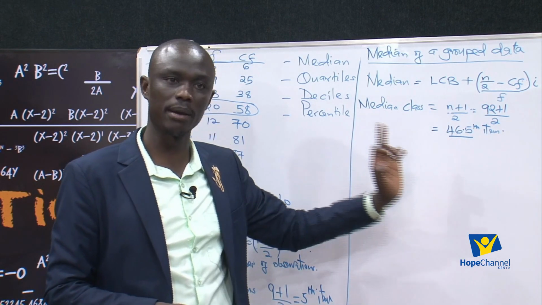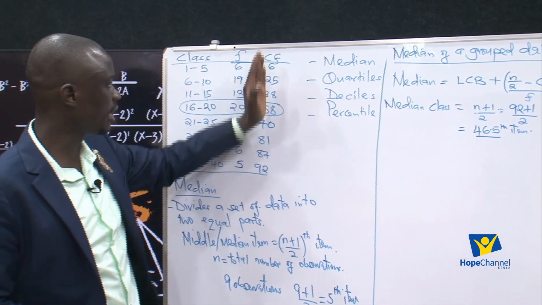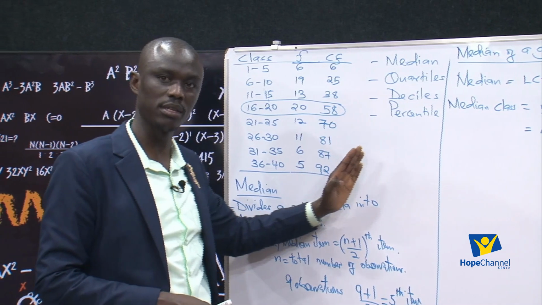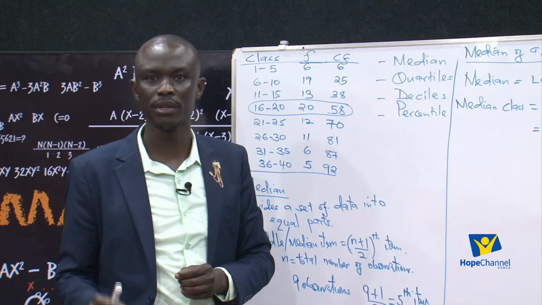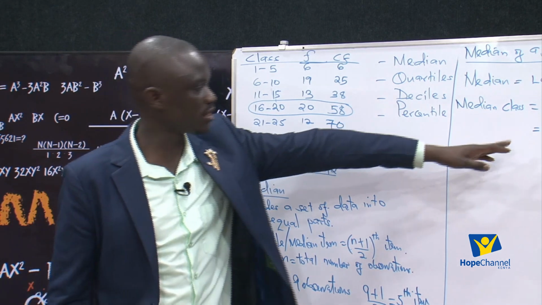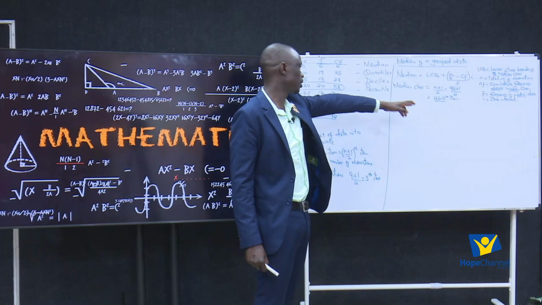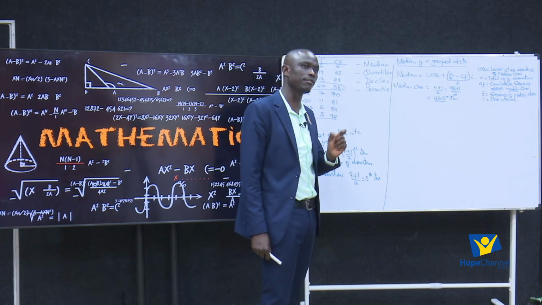Once you have found the number, go back to your column of cumulative frequency. Actually, that is why we were accumulating these frequencies, because we wanted to know exactly where it falls. So in our case, we have 46.5, and we ask ourselves, where is 46.5 falling?